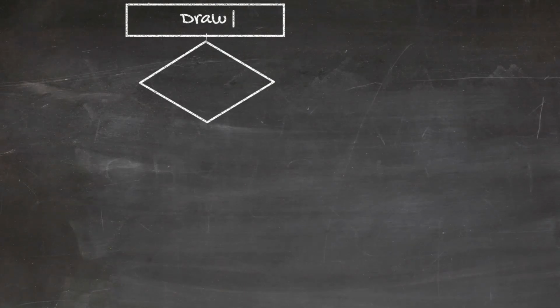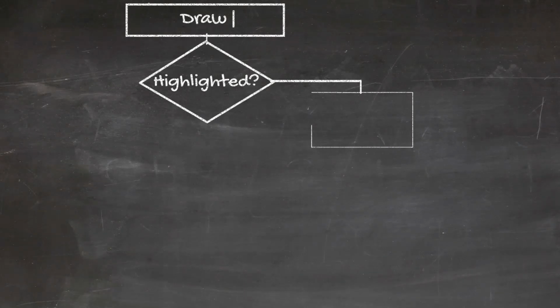If I was doing this traditionally, I would have a pointer to strings, then I would draw bar, check to see if this is highlighted. If so, set the change.